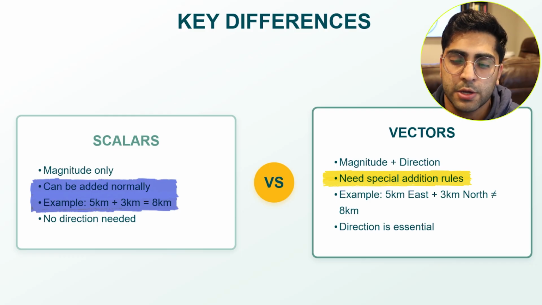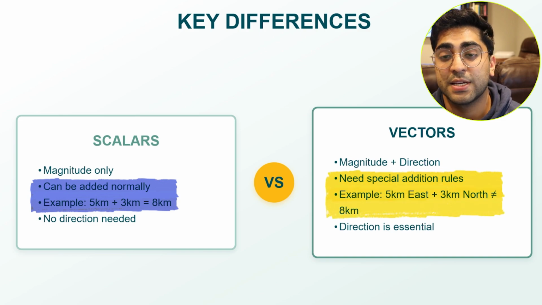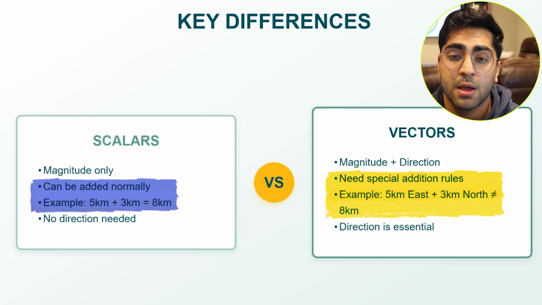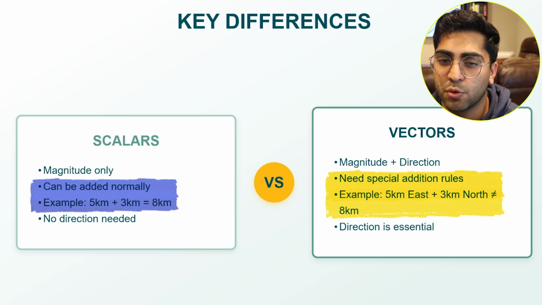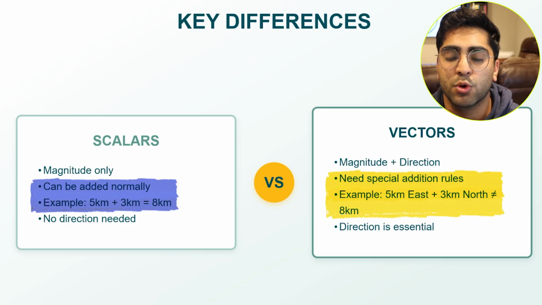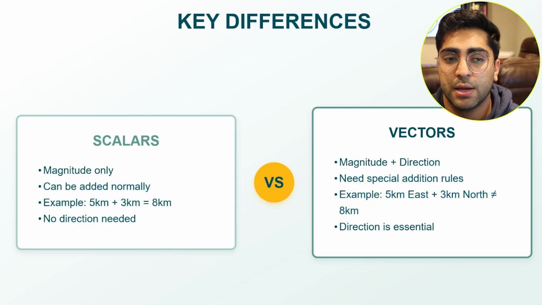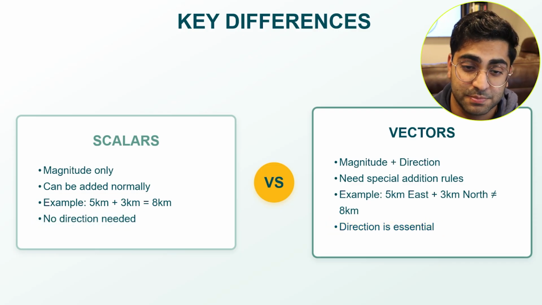You can't do the same for vector quantities because the associated directions make the calculation more complicated. If you walked 5 kilometers east and then 3 kilometers north, it will not be the same as walking 8 kilometers in a given direction, right? So for scalar quantities, no direction is needed, but for vector quantities, direction is essential.